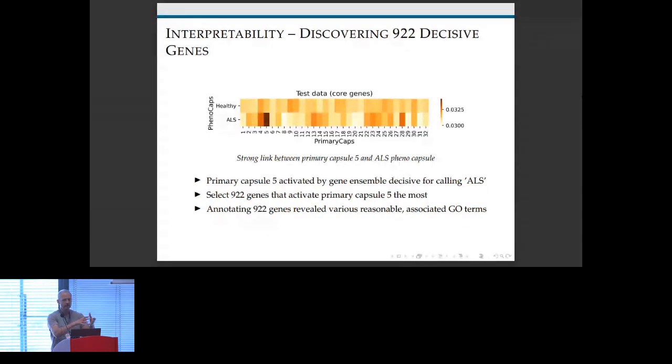You can study those, and you can then more easily discover the activation patterns. So we found this primary capsule 5, collecting 922 genes that cooperated to establish the correct classification of ALS. So you may want to look into those.